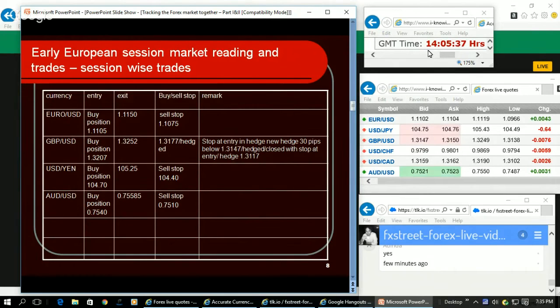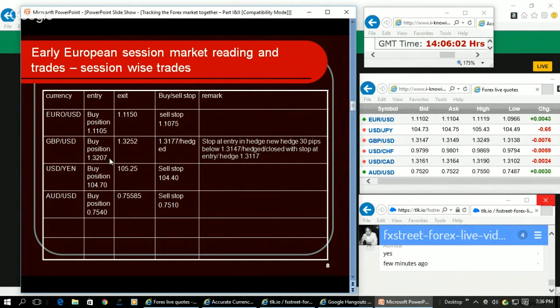The US session starts by 13:30 GMT. 30 minutes passed, and they gained some levels in the case of euro, but the market still remains around our entry. So it's not hedged and it is not closed with a profit. Market is around the same level where we entered.